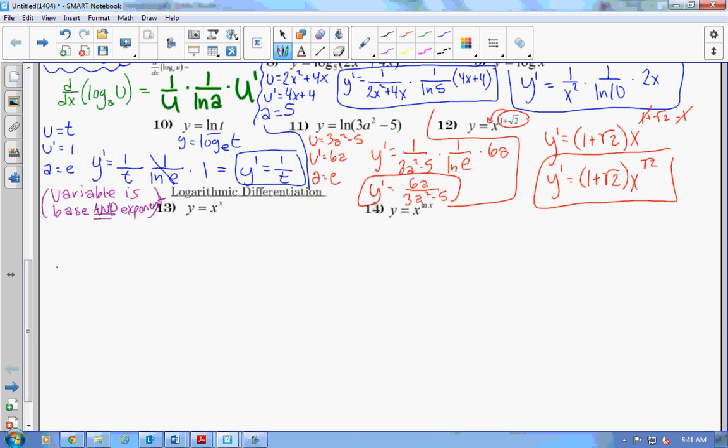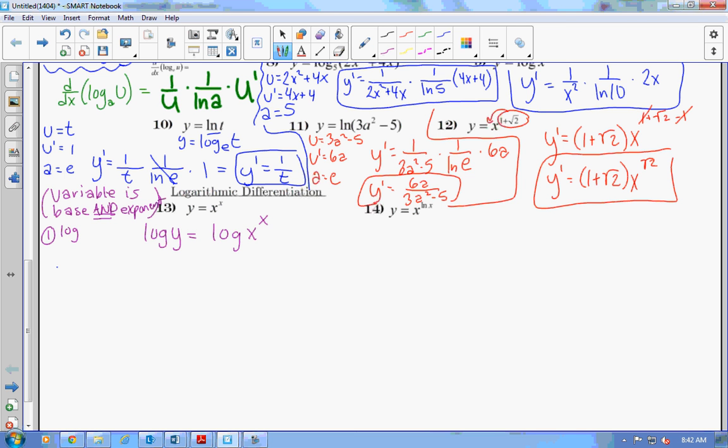If you remember from secondary 2, how do we get the x out of the exponent? You can log both sides. Yep. So if I log both sides, log of x to the x. If we write steps, you can even do a natural log of both sides.